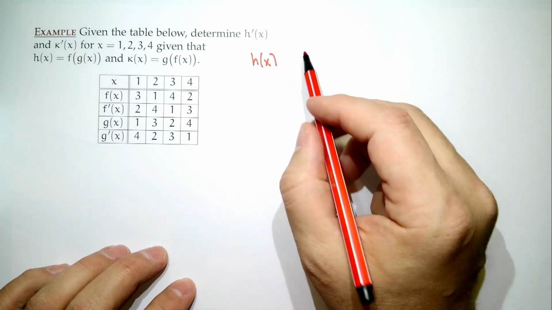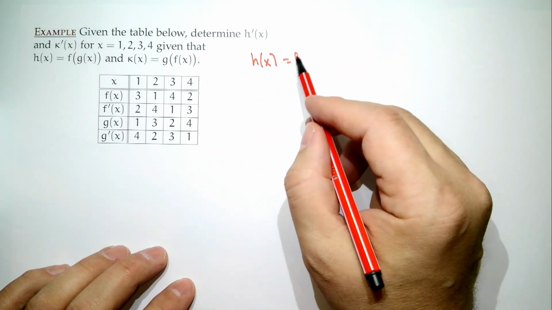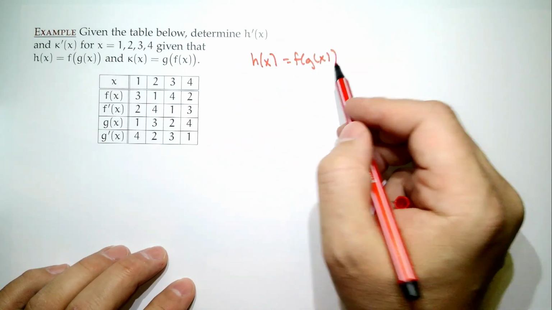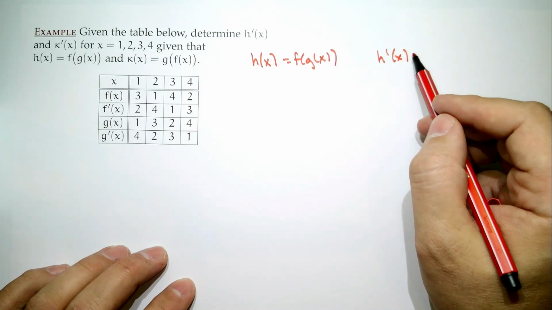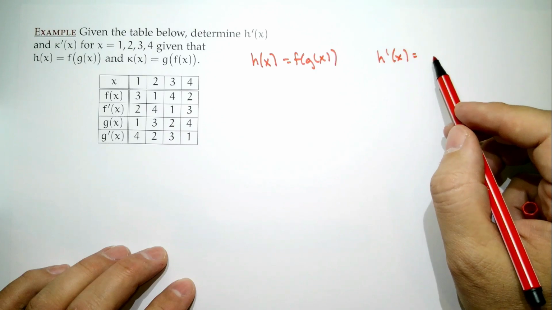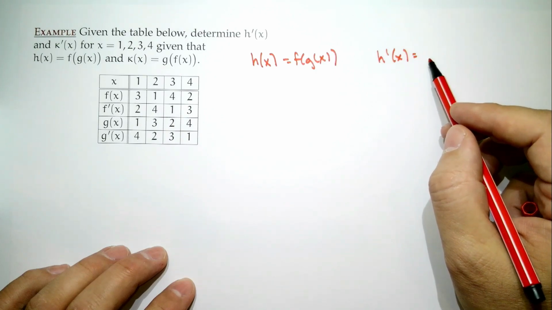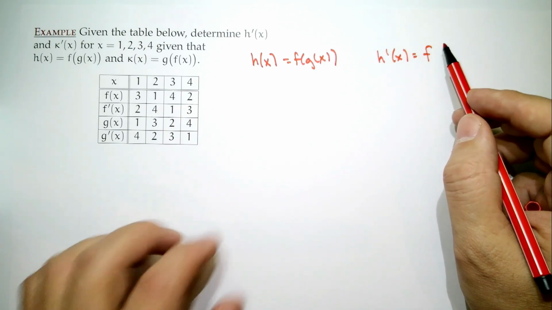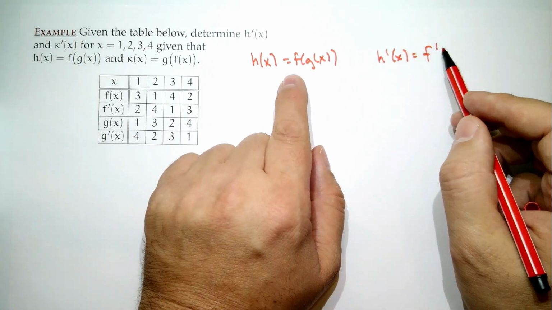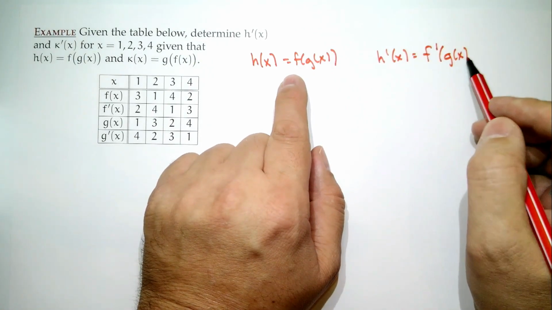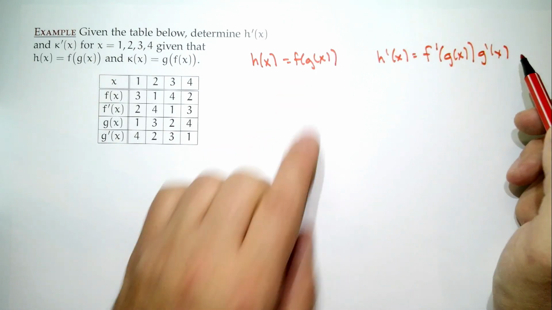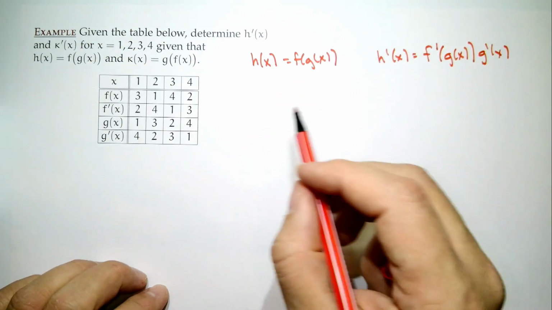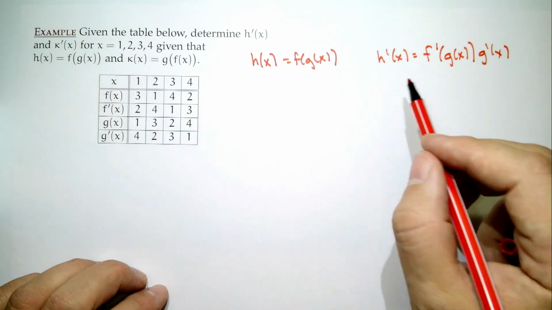So h of x, that's f of g of x. So what is h prime of x? Derivative of the outside, f prime, g of x, and then g prime of x. And so we get to find the derivative for a bunch of points.